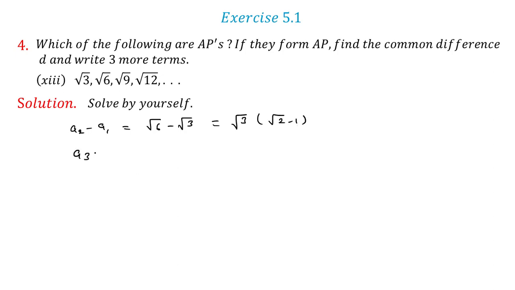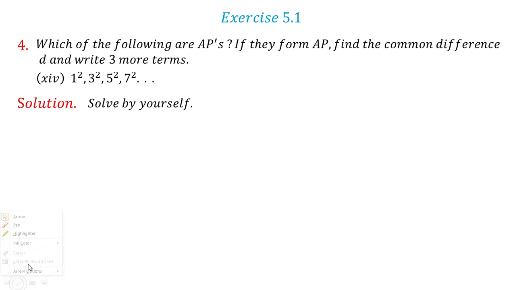Then if I take a3 minus a2, it is root 9 minus root 6. Now here root 9 is 3, so it is 3 minus root 6. So the common difference is not the same, therefore this sequence is not an AP.